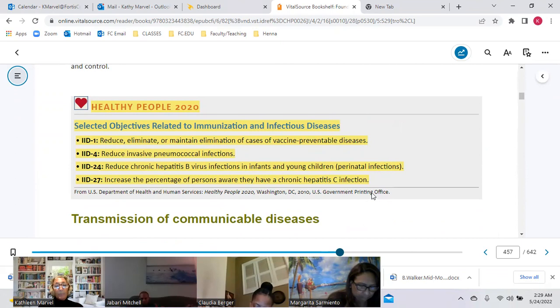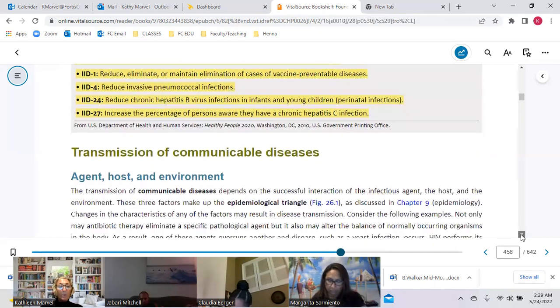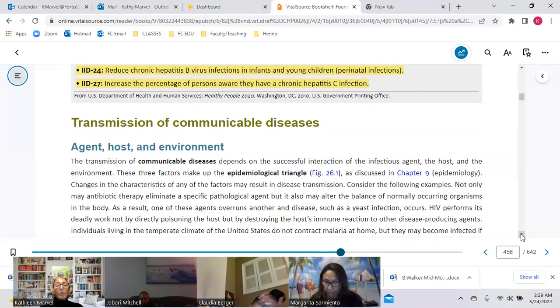So for example, reduce, eliminate, or maintain elimination of cases of vaccine preventable diseases. And we'll talk about that in a little bit, what the vaccine preventable diseases are. Those are all your childhood immunizations. Transmission of communicable diseases. I'm not going to go through the environmental, epidemiological triangle.